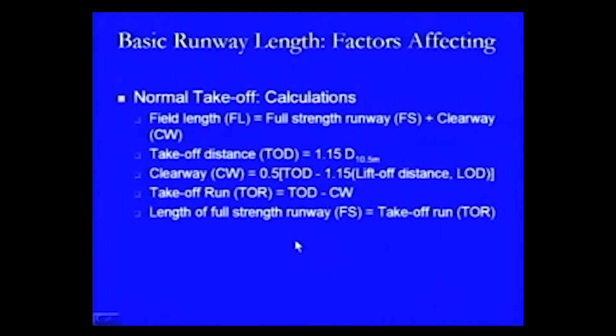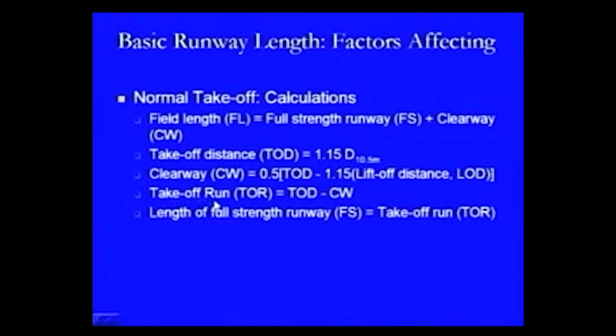Now, as far as the calculations are concerned, the field length will be the full strength runway plus clearway, that is the total length of the strip. The takeoff distance will be 1.15 times the distance required for attaining a height of 10.5 meters, and the clearway will be half of the takeoff distance minus 1.15 times the lift off distance, that is LOD.